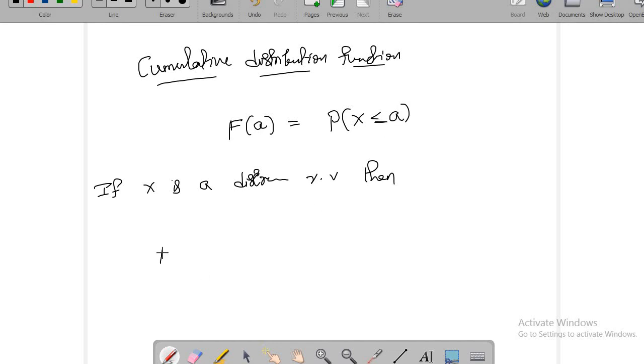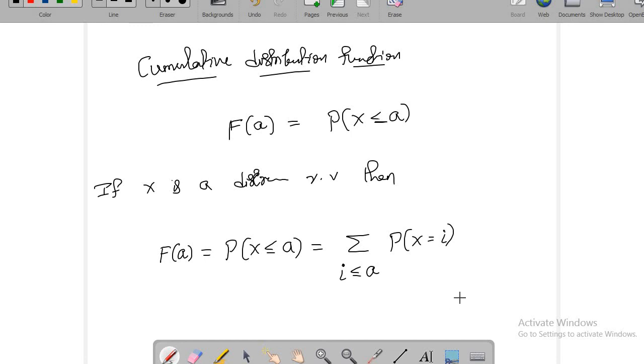Now let me write what F of a is for a discrete random variable: probability that x less than or equal to a, which is equal to the summation of probability that x equal to i, where i is less than or equal to a.